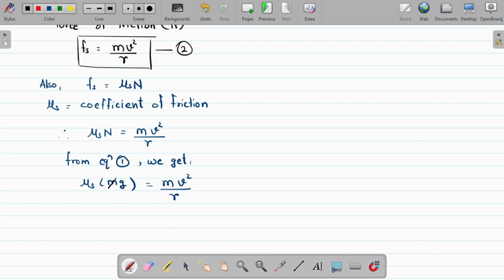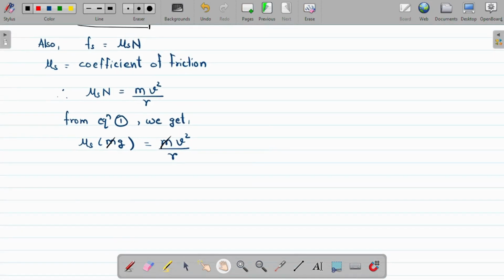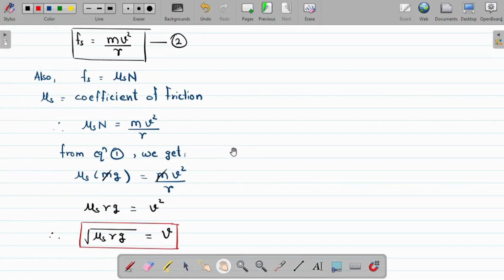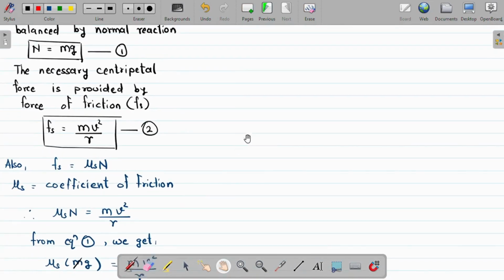So, let's arrange this equation for V. So, here we get mu s r g as V square, and therefore under root mu s r g gives us the necessary formula, which is the maximum safety speed with which the car or any vehicle can be driven safely on a horizontal circular track.